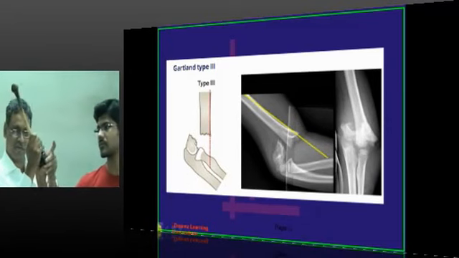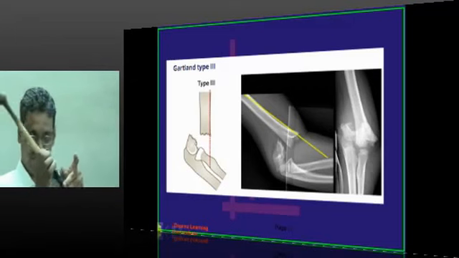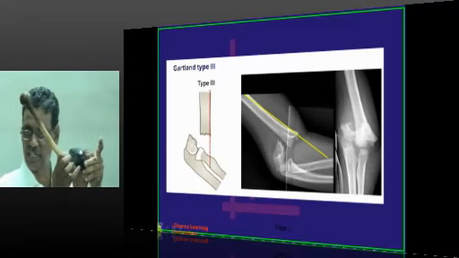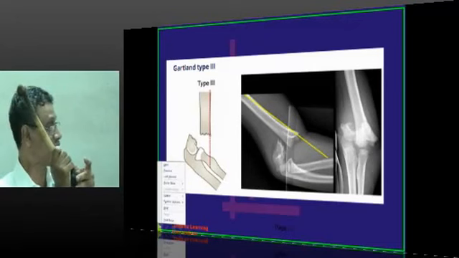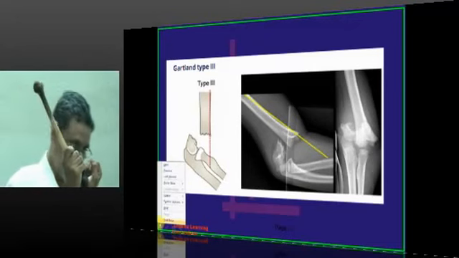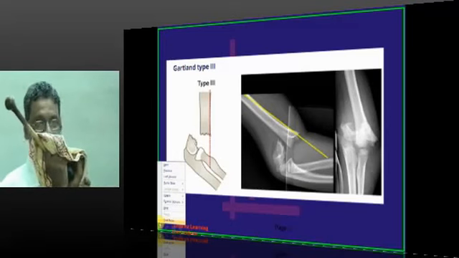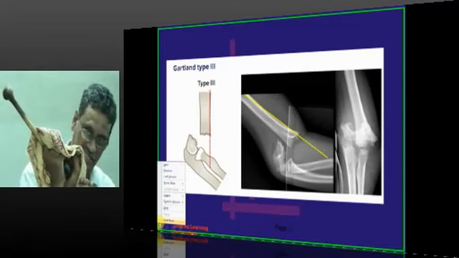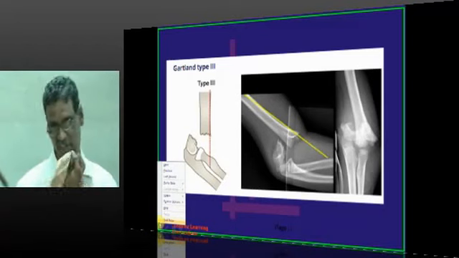If there is a supracondylar fracture also, it will be like this. The fragment has gone like this. If it is a posterior dislocation, it has gone like this. So when there is skin coverage, you don't know whether it is a supracondylar fracture or posterior dislocation. So there are differences.